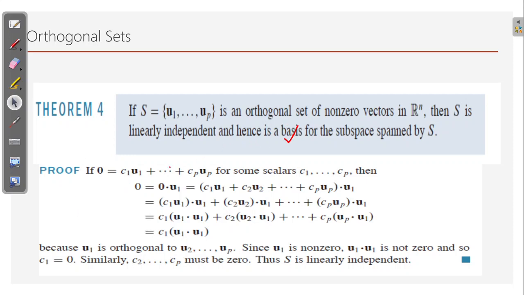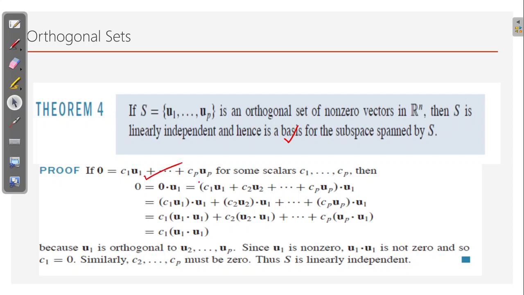Let us take 0 equal to c1 u1 plus c2 u2 plus c3 u3 plus etc. plus cp up, a linear combination of the vectors in set S, for some scalars c1 through cp. That means this is a linear combination equation.